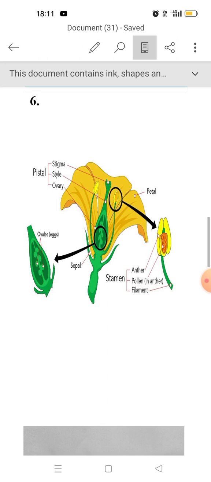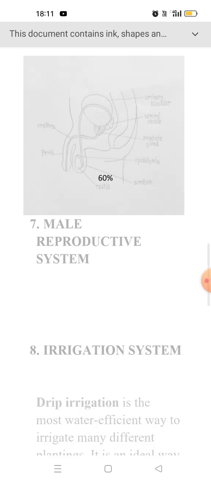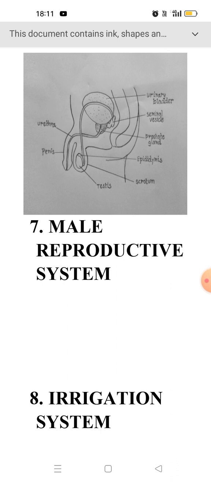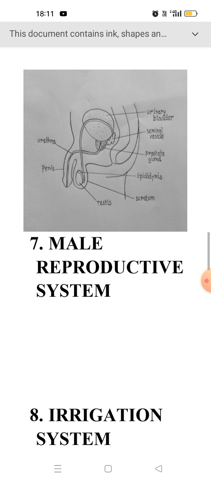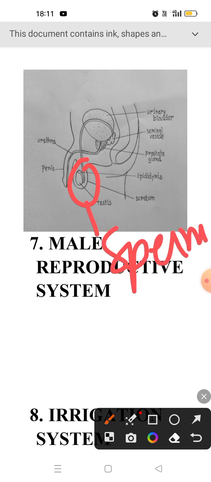Tomorrow in your paper, the next question is regarding the male reproductive system. So learn all the parts of this diagram of the male reproductive system. This is the testes. There are two testes in the male reproductive system, and these testes produce sperm. Okay, and one hormone is also released by these testes.